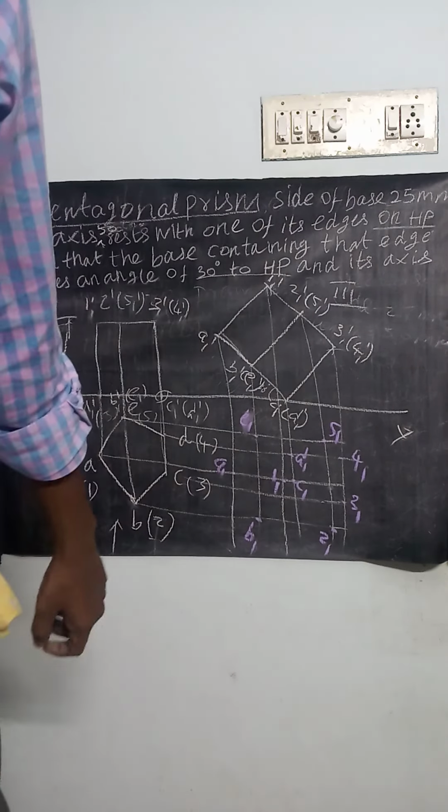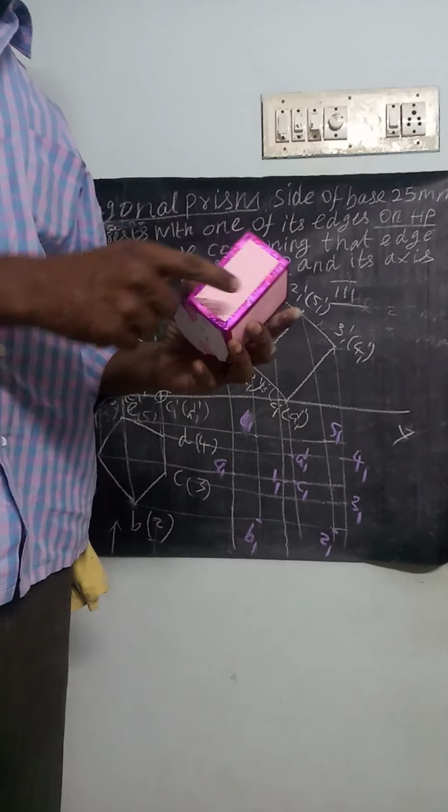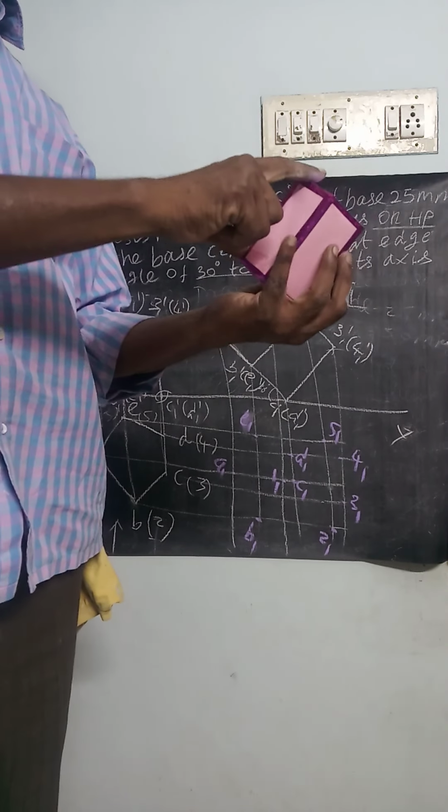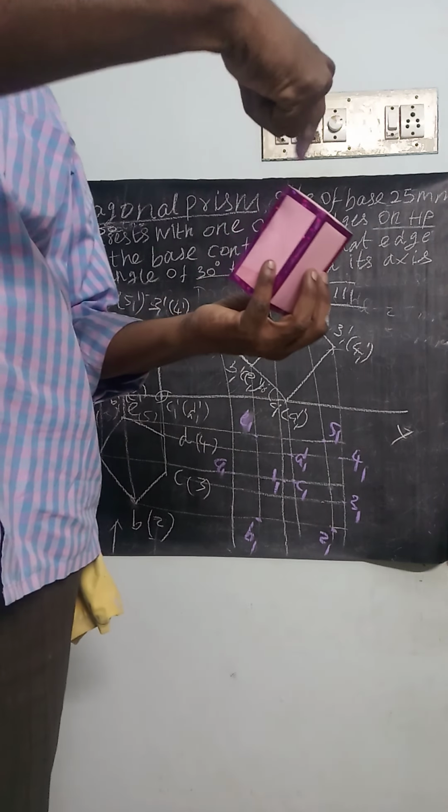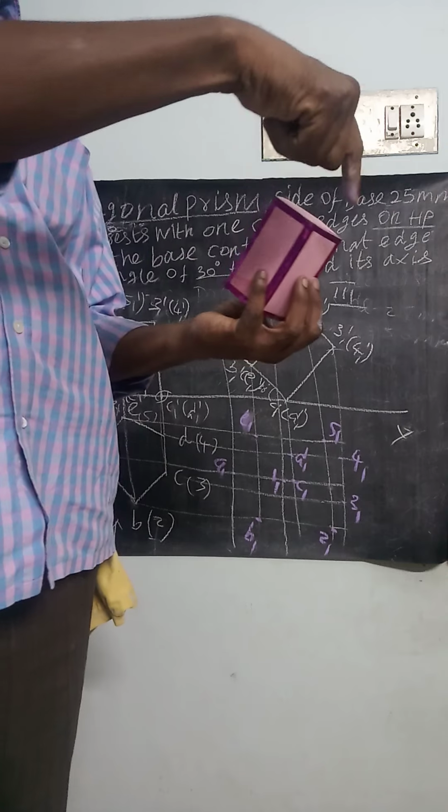To understand, students, this is a base angle of 30 degrees, so you can draw the second front view. All sides visible, so one pentagon is visible.